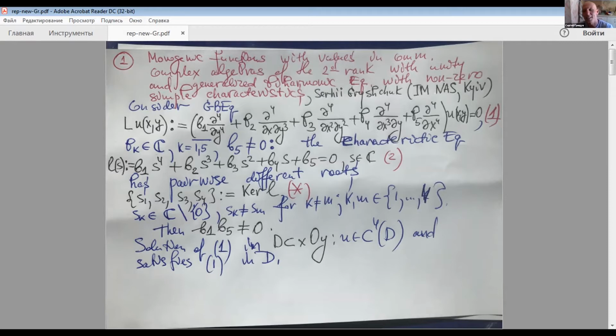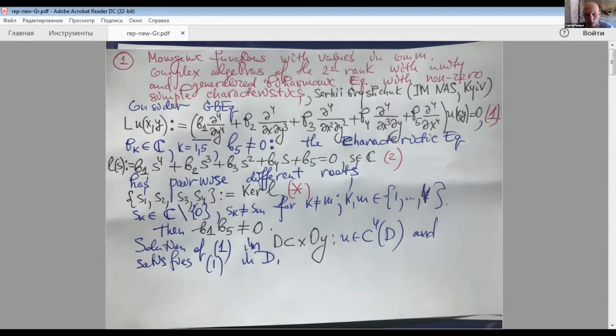So consider the generalized biharmonic equation 1. This is a fourth order equation with constant complex coefficients. You can see that this equation is a generalization of the biharmonic equation. We assume that B5 is not equal to 0, and the characteristic equation of equation 1, equation 2, has pairwise different roots.